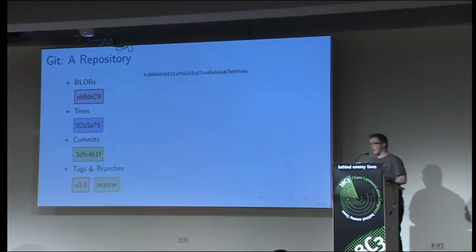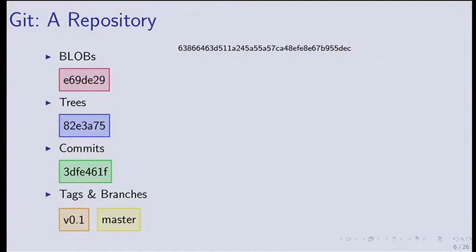And fourth, we have tags and branches. Tags and branches are references to commits, and they are just plain text files. So by default, you have a master branch, and this master branch is a file in your Git directory, and it contains a SHA-1 in ASCII. You can retrieve a commit with this.